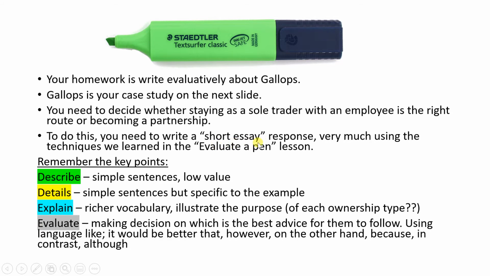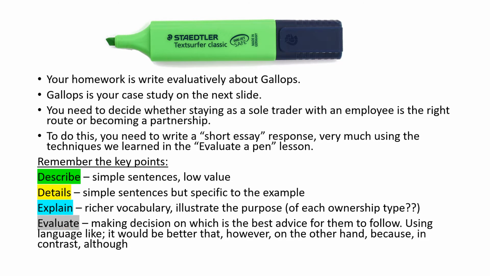So in that evaluator pen lesson, that lesson gave you the skills in order to use and respond to the Gallops case study. You need to go through each of the levels which are described below in the green, yellow, blue and grey words highlighted below, and you need to build up and take it to evaluate.